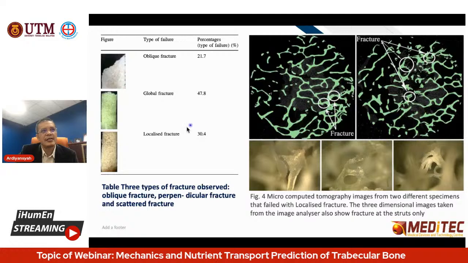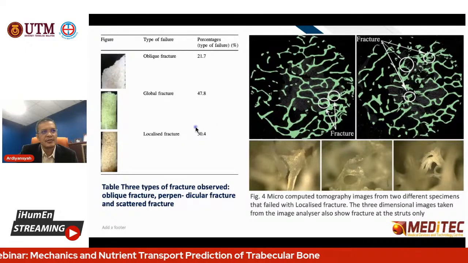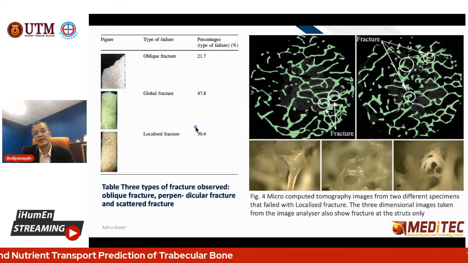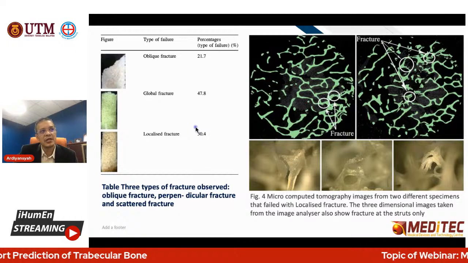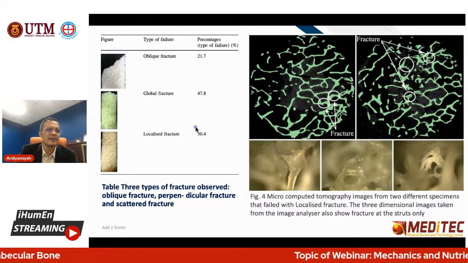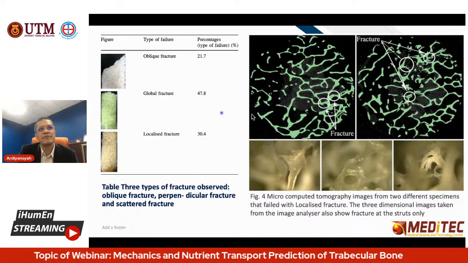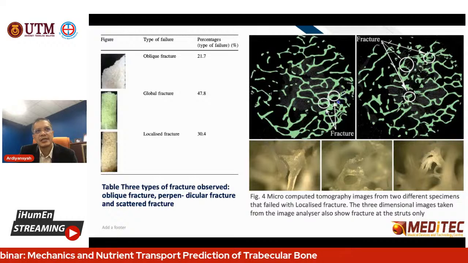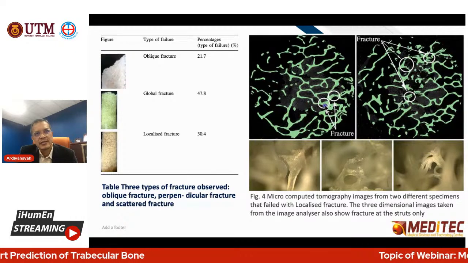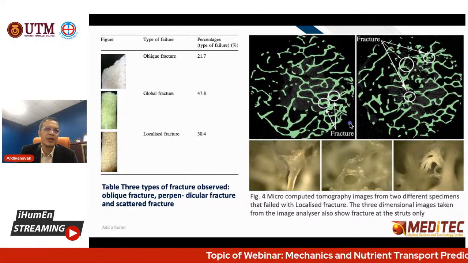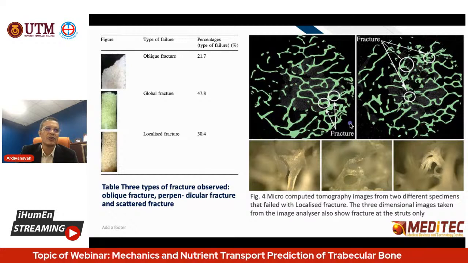In the localized fracture, if you check the specimen, it looks intact and perfect, as if there is no fracture. However, when we check with MicroCT, there is actually a fracture. After the test, you scan, and then you can check where the location of the failure is. That is what we call the localized fracture.